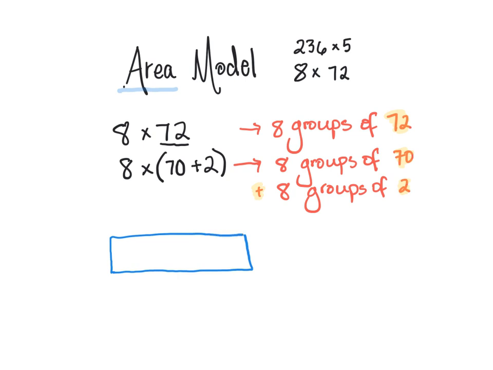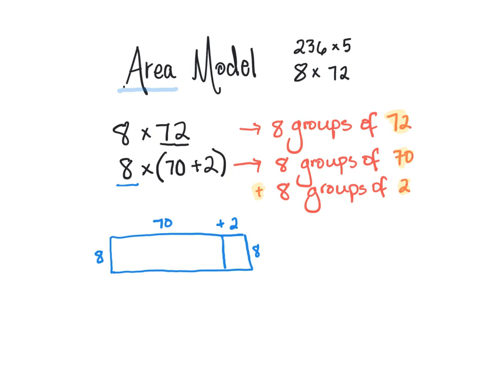I'm going to put that my height is going to be 8. And then I'm going to think about my base or length here, and I'm going to divide my rectangle into 2 rectangles. One that will represent 70, and one rectangle will have that length of 2. So I have my length of 70 and my length of 2.